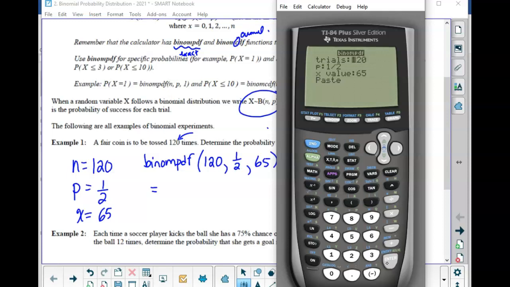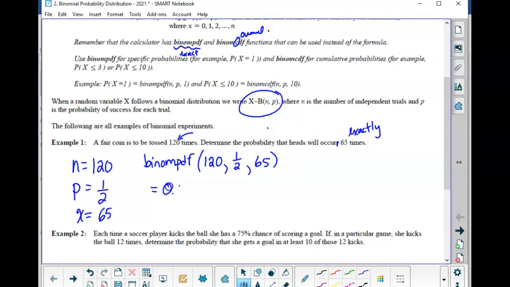So here, trials are 120. I had just tried this one, to make sure this calculator worked. Probability is 1/2, x value is 65. So most of your calculators look like that, something similar. In this one anyway, it says paste. Sometimes it'll just say calculate. Paste actually puts it into that form there. And then enter on that.